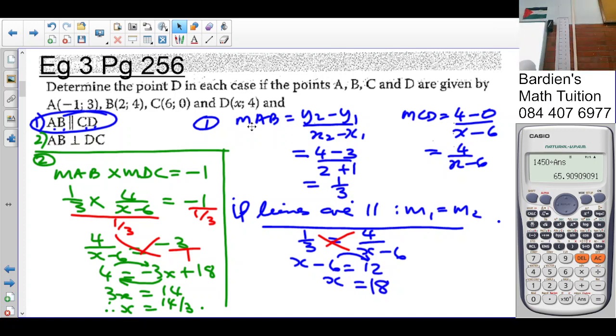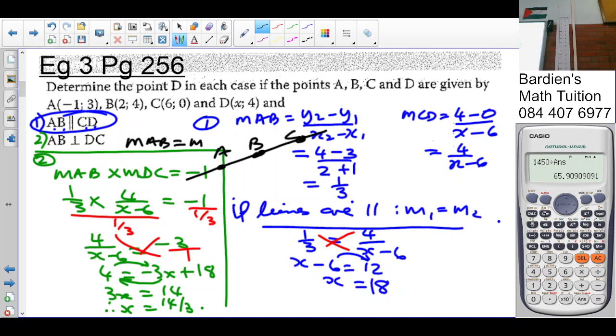If points A, B, C are collinear, then the gradient of AB is equal to the gradient of BC, which is equal to the gradient of AC. So if they ask you to prove that points are collinear, you prove that the gradients are equal.